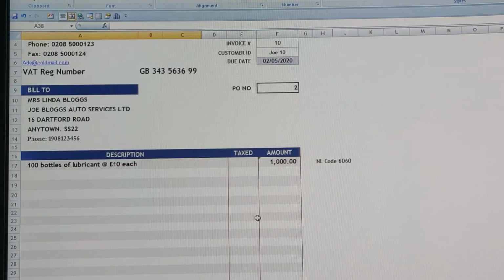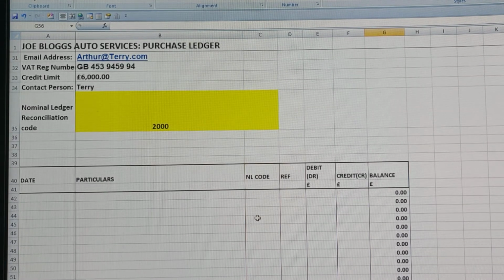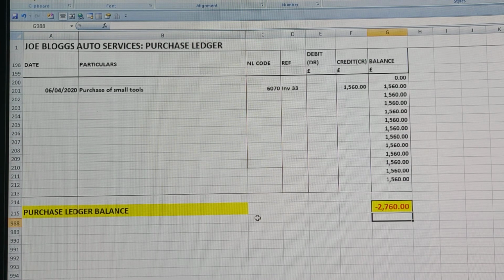The VAT element is just £200, but you are going to put the total amount inclusive of VAT because that's what we have to pay to the supplier. £1,200, on the credit side. Okay. Now, having done that, you will see that the balance on the supplier's account is now 2760.